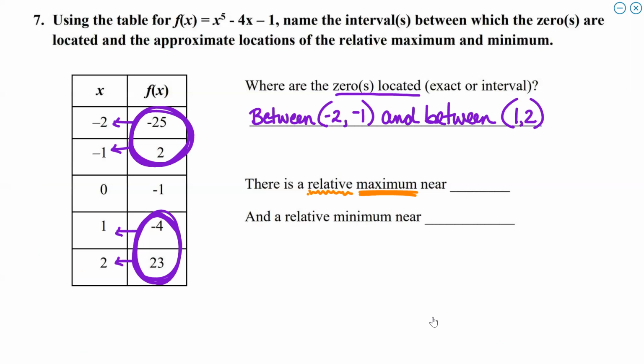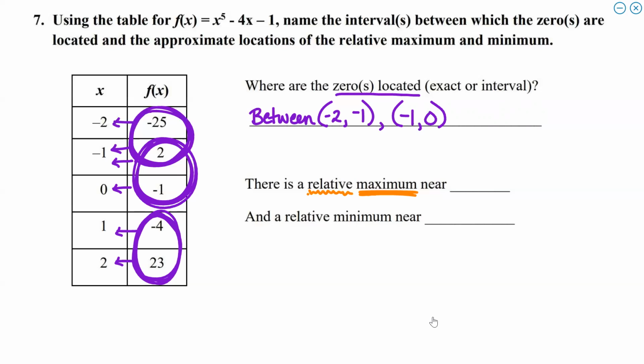Yes, because we changed sign again there. Thank you. So we're also going to cross in between these, so in between -1 and 0. Let's add that in up here. So between -2 and -1, -1 and 0, and 1 and 2. Thank you for catching that. I scooted on to the next piece too soon.